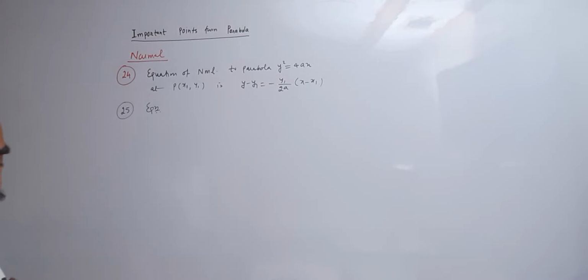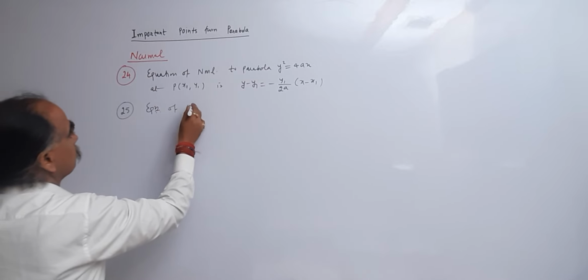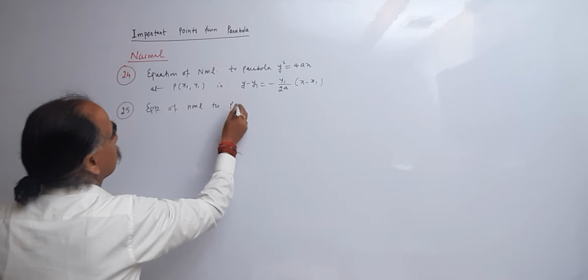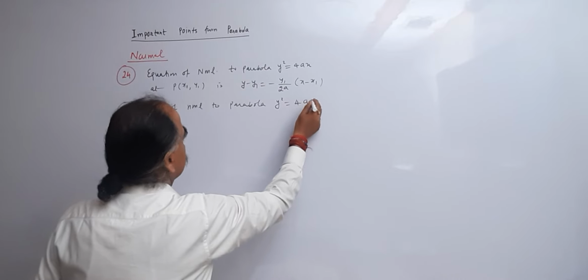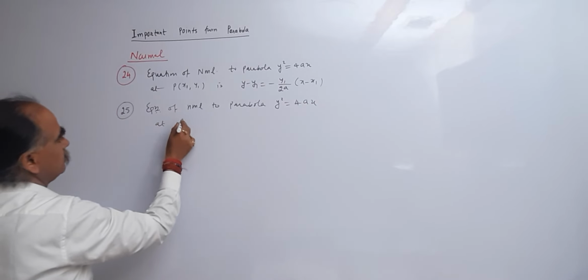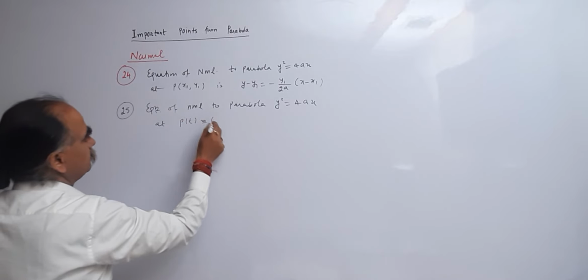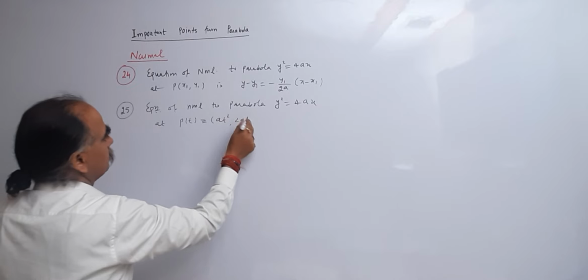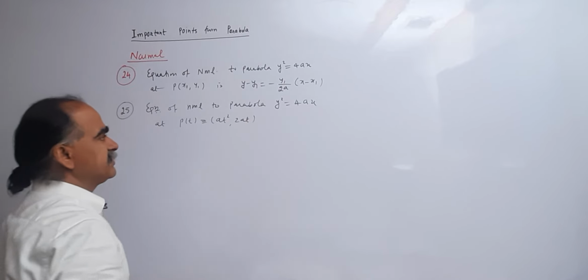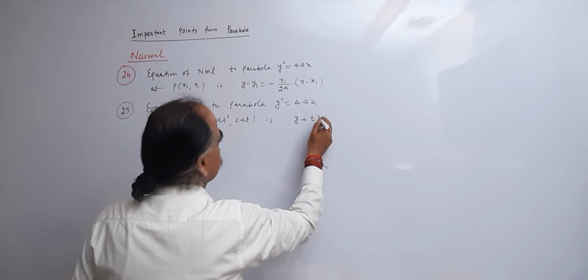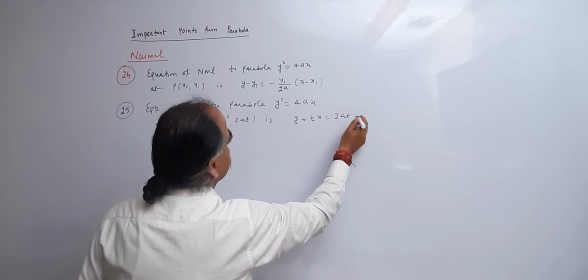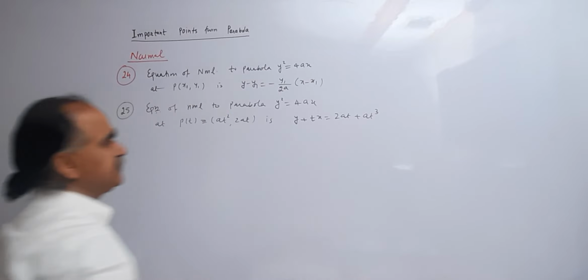Equation of normal to the parabola at P(t) corresponding to (at square, 2at) is y plus tx is equal to 2at plus at cube.